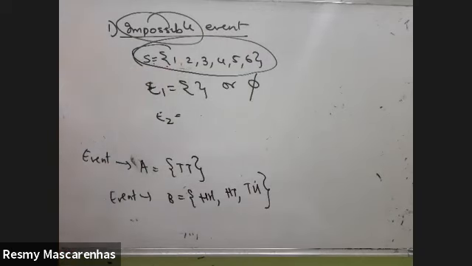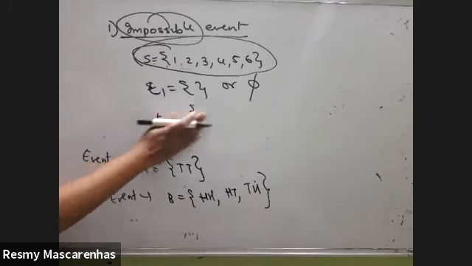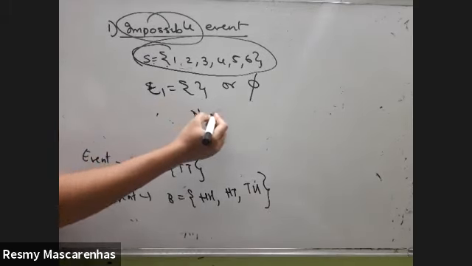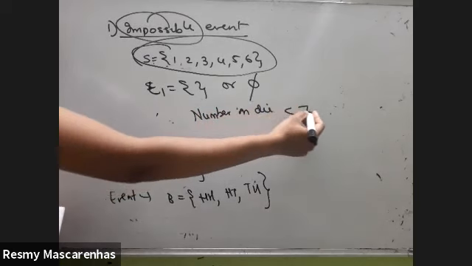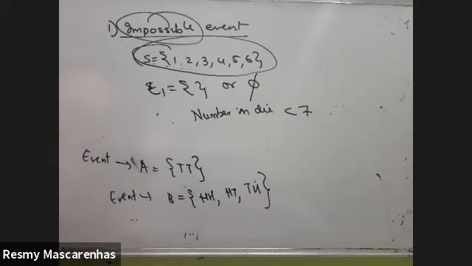From here, refer to the sample space and write only those elements which satisfy the condition. Let E2 be the event where the number on the die should be less than 7.